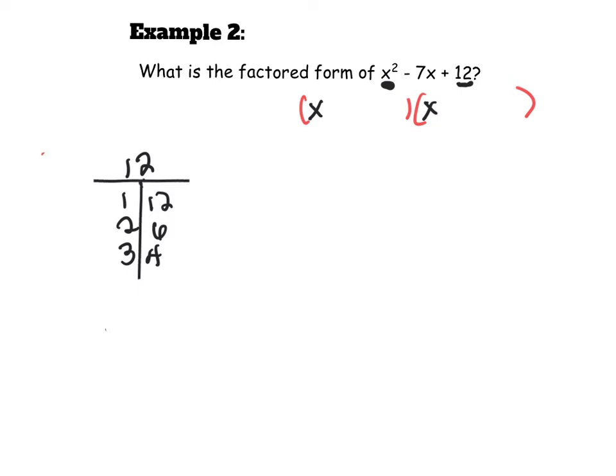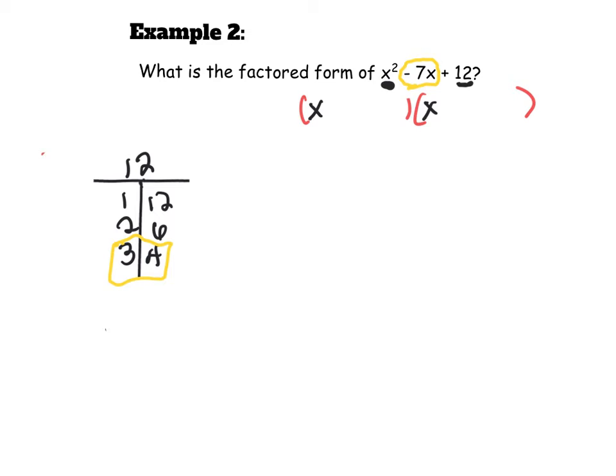My next step is to look to see if any of these factors add up to be the middle term, or subtract, depending on the situation with the signs of the trinomial. And lucky for us, we have a 3 and a 4 right here.